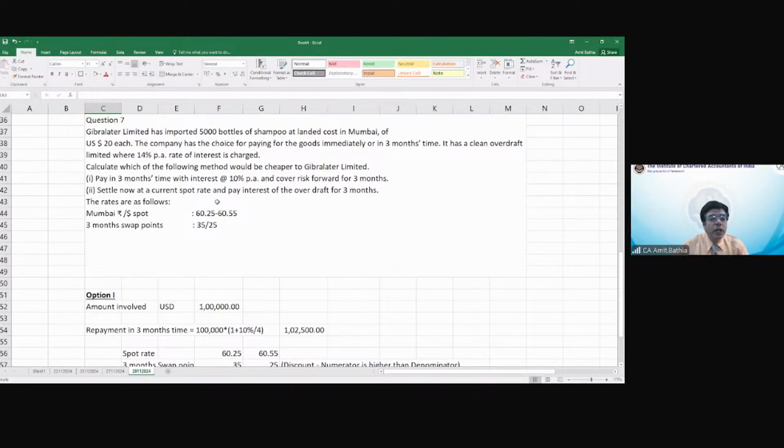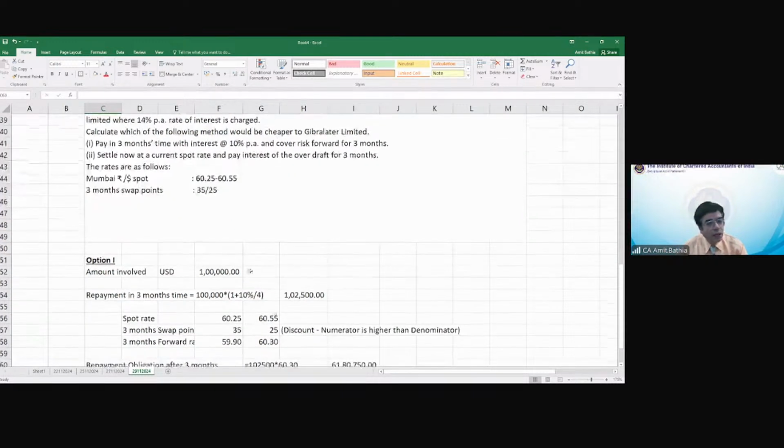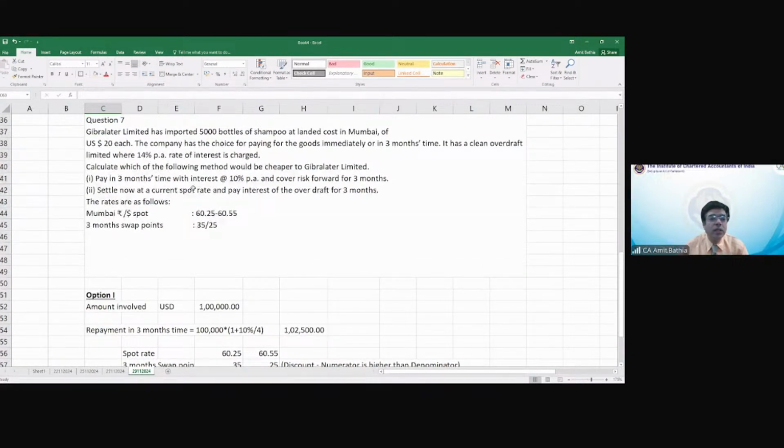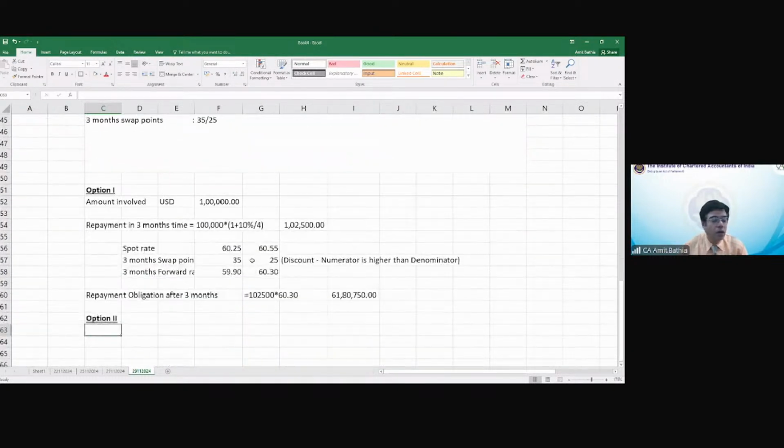So first of all, if I am going to settle now at the current spot rate, what is my current spot rate? 60.55. I will need to buy at spot rate, right? So I will buy at 60.55 and then pay interest on it for 3 months at what rate? At the overdraft rate of 14% for 3 months. So if I go for overdraft, I will need USD 100,000.